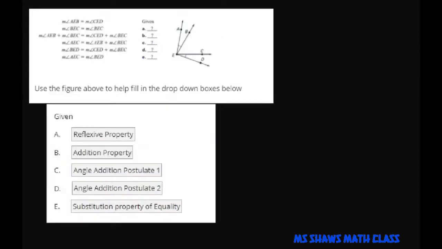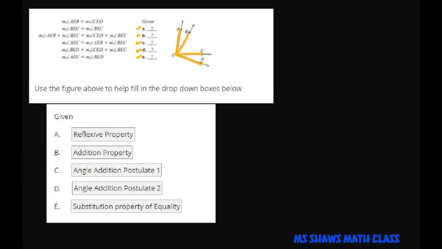All right, here's another one that we're going to pull down. So it says, use the figure above to help you fill in the drop boxes below. So this is your A, B, C, D, and E. So it says measure of angle AEB equals the measure of CED.